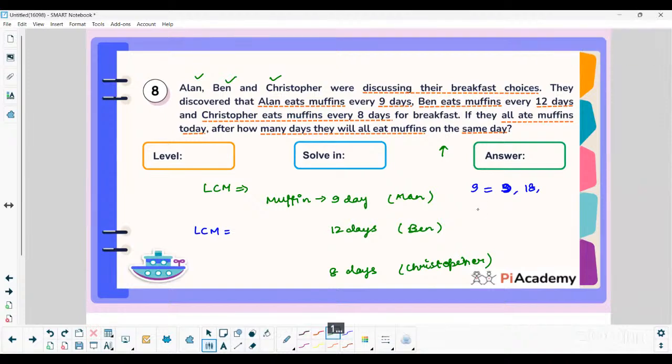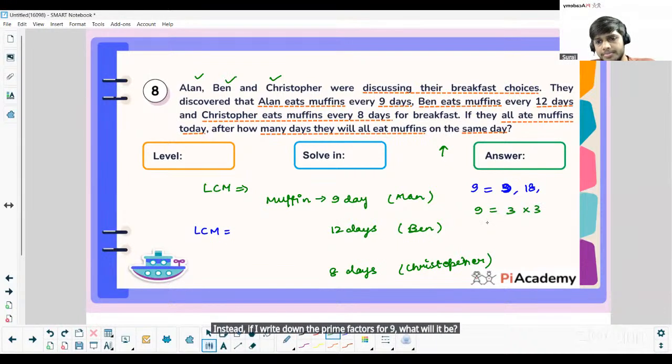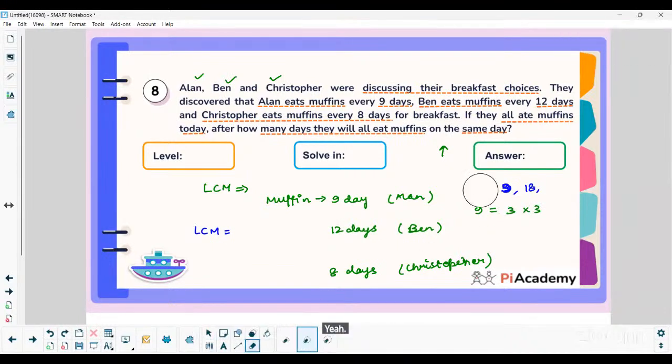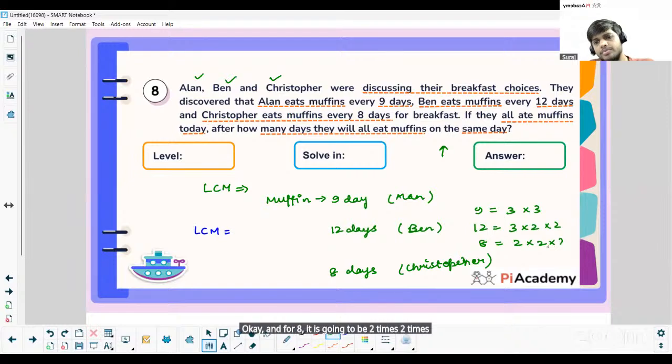Instead, if I write down the prime factors for 9, what will it be? 3 times 3, 9. Yeah. Similarly, for 12, that is going to be 3 times 2 times 2. And for 8, it is going to be 2 times 2 times 2.